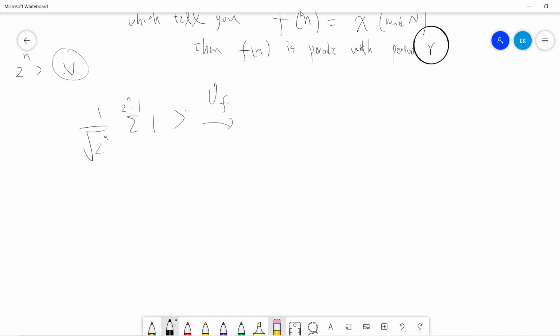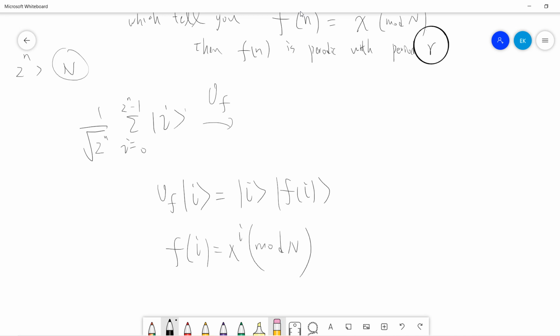Let's say I use i. Then you will have i tensor with some register. So this is f of i, encoding this function. So f of i will be x to the i mod n.